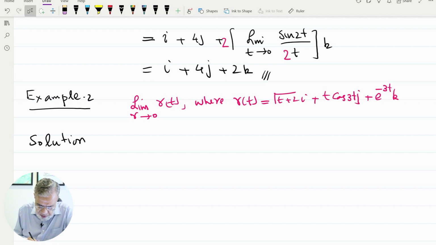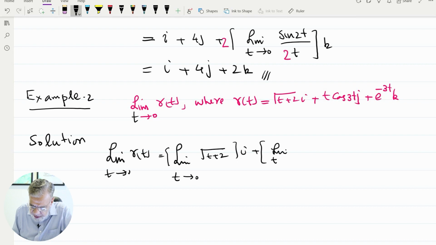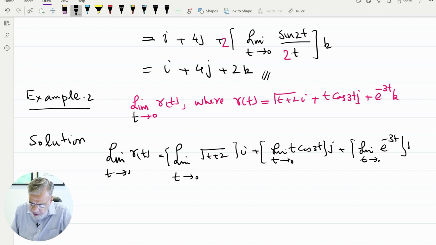As before, we take the limit of each component function as t tends to 0: the limit of root of t plus 2, times i, plus the limit of t cosine 3t, times j, plus the limit of e to power minus 3t, times k.